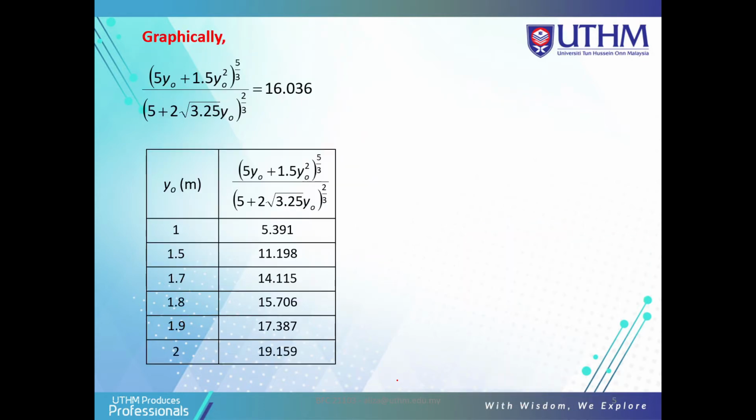Now using the graphical method, you use the same equation that you found from the calculation. You also use the table here, assume y values of 1, 1.5, 1.7, 1.8, 1.9, and 2, and you find the values here.